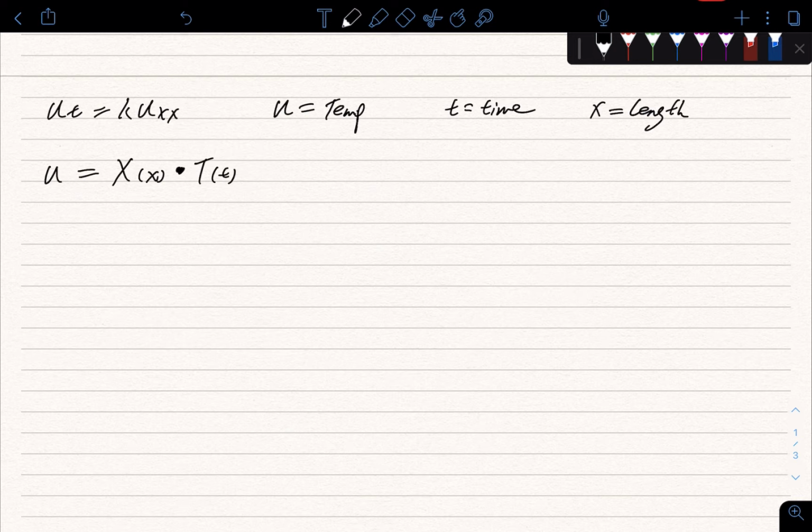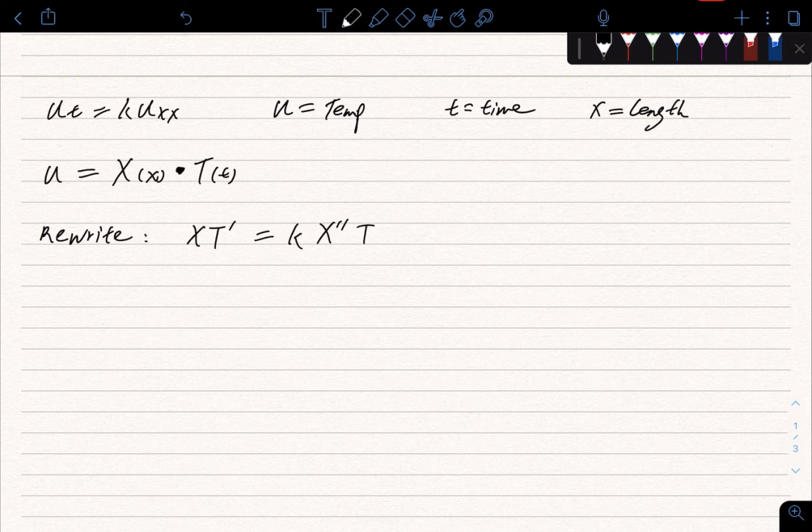So based on this assumption, we can rewrite our original partial differential equation. u_t, so X remains the same, and T's first derivative, equals k times the second derivative of X, which is X double prime times T.